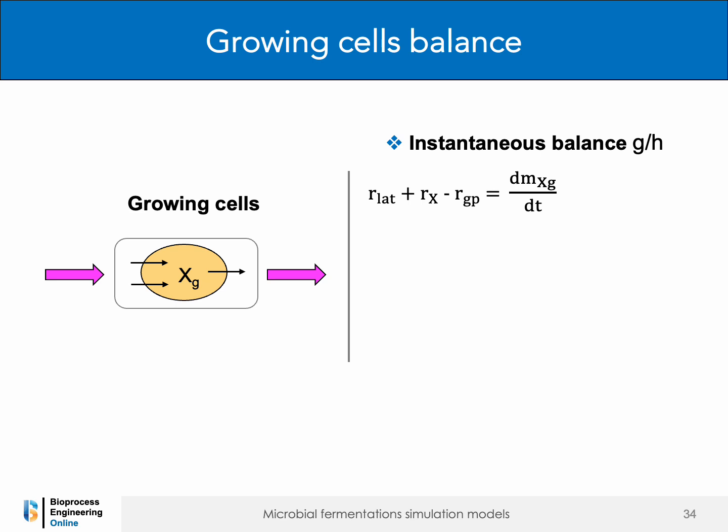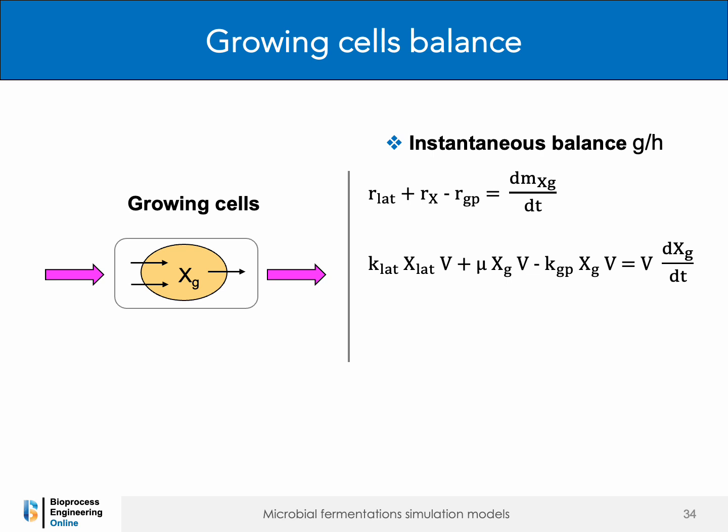For the growing cells that are produced both by transition from latent cells and by growth, and disappear by the transition to producing cells, the instantaneous balance, in gram cells per hour, on the fermenter writes R_lat plus R_x minus R_GP equals dm_xg over dt, where R_x is the cell's growth rate and m_xg the mass of growing cells.